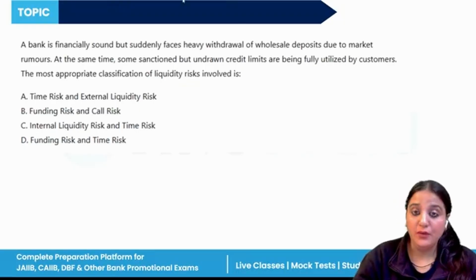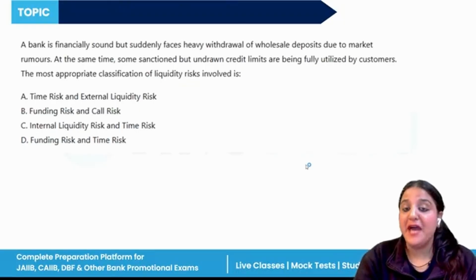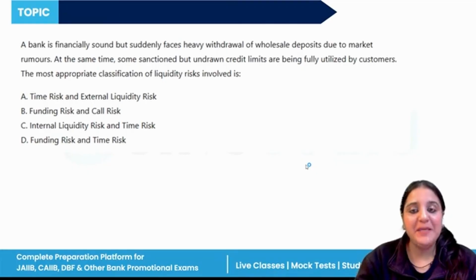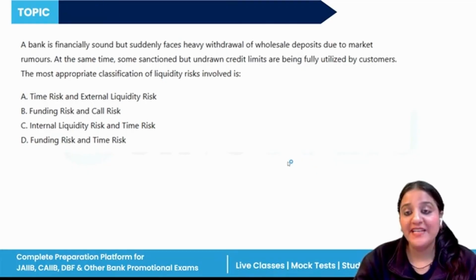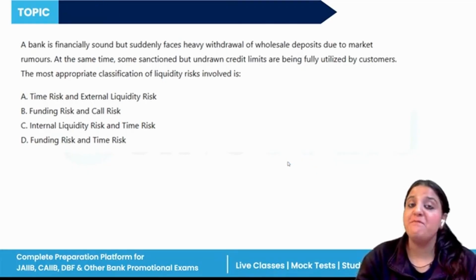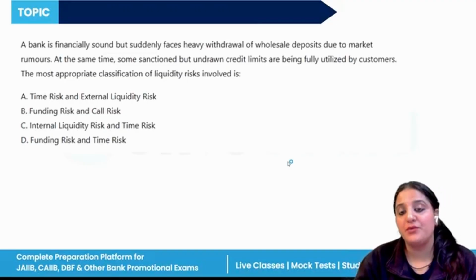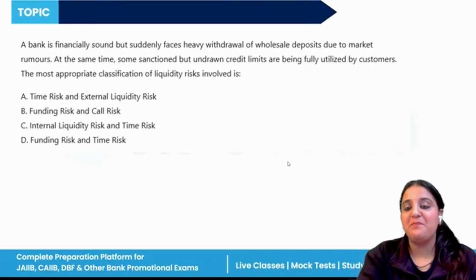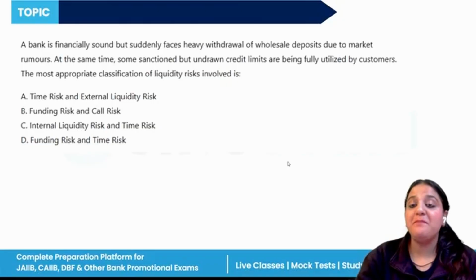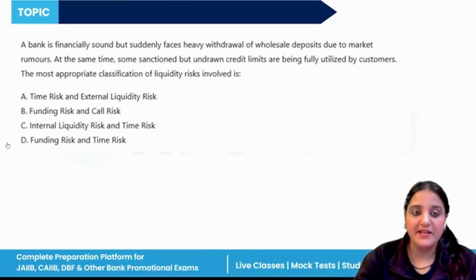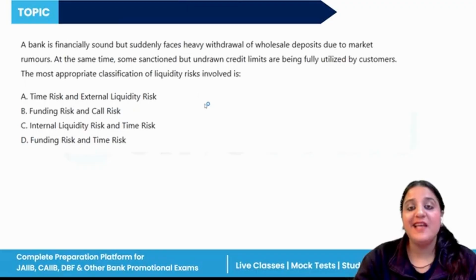Now, liquidity management is what? Keeping enough water in a tank. So if many taps are opened at once, water does not run out. A good bank always plans in advance so it can meet all payment obligations on time without loss and without panic. Right? That is called liquidity risk management.